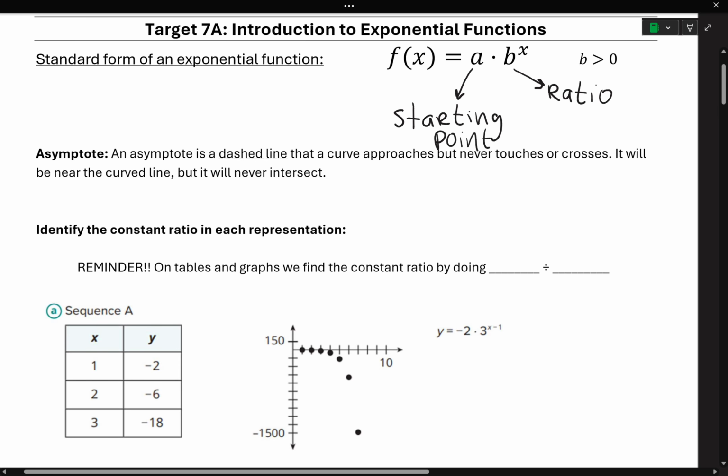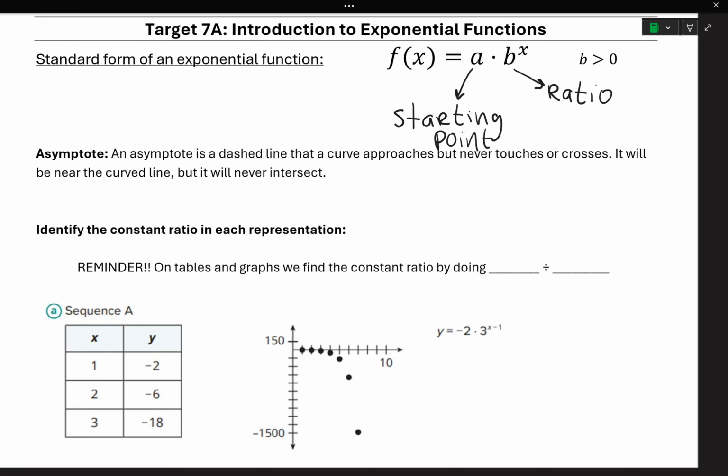And just as a reminder, because it has been a while, on tables and graphs, we find the constant ratio on tables. Yes.